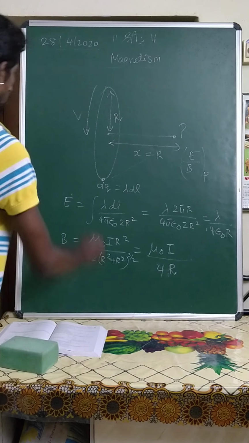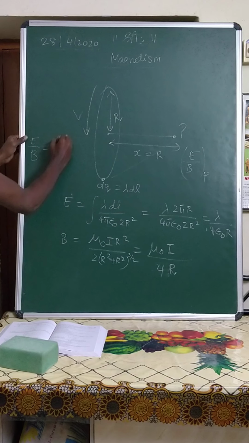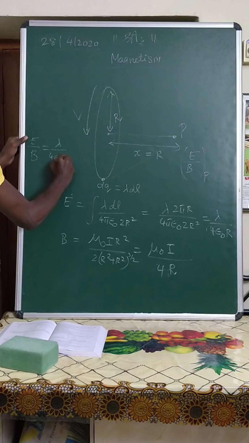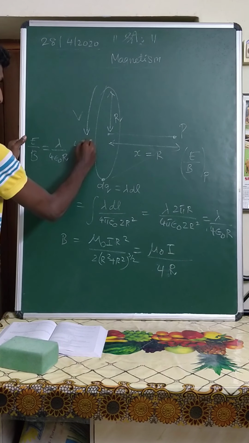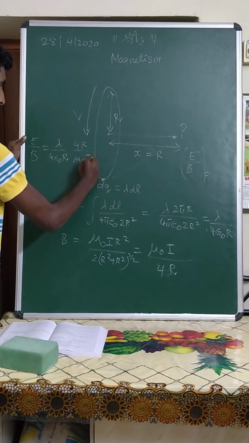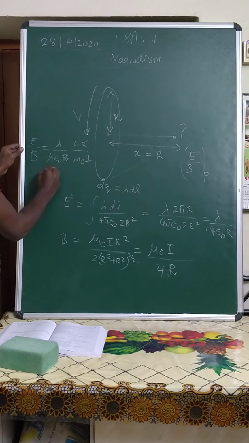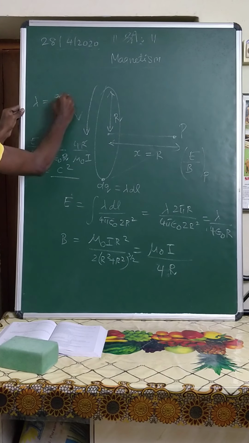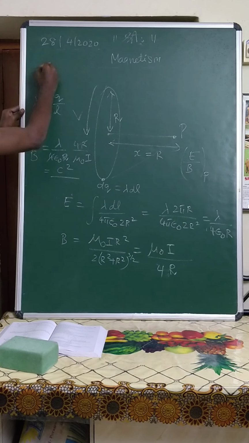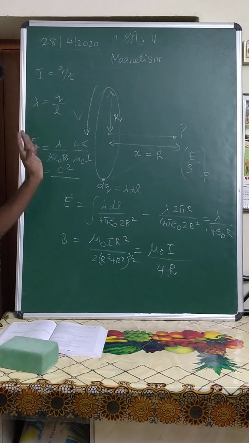So we want to find the ratio of E by B, which is lambda by 4 epsilon naught r times 4r by mu naught I. So 4r will be cancelled, and 1 by mu naught epsilon naught will be c square. We know that lambda is q by L, and I is q by T, the charge flowing per unit time is current.